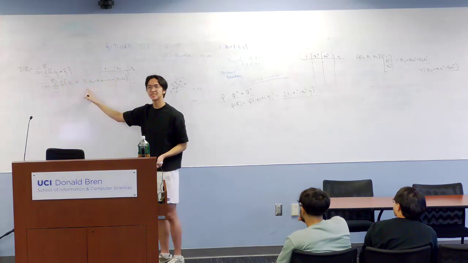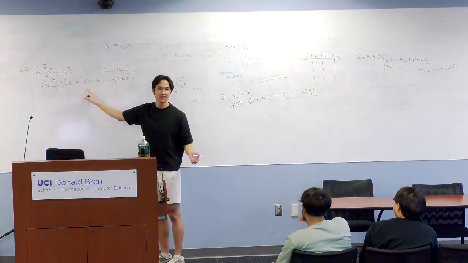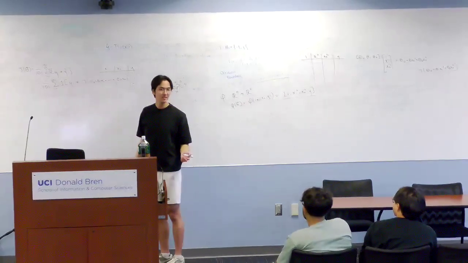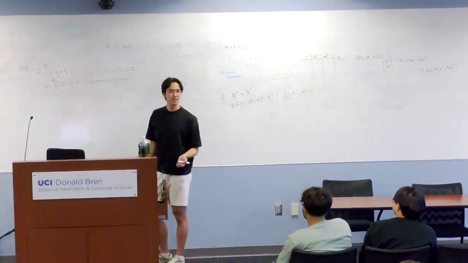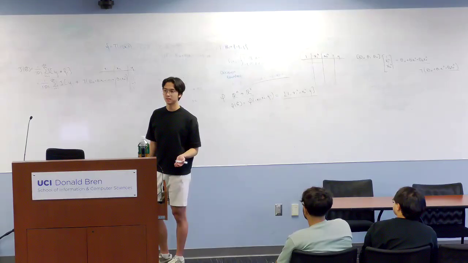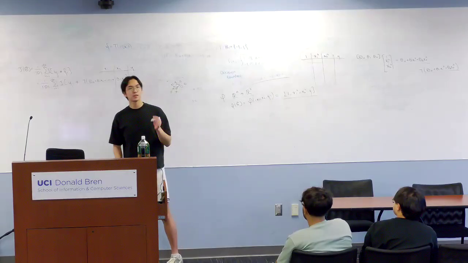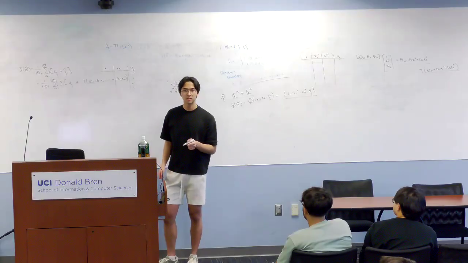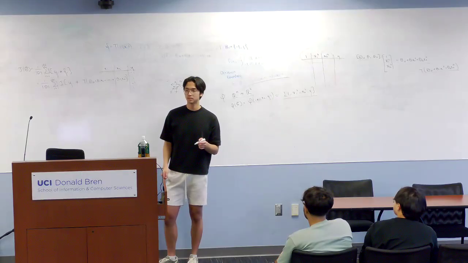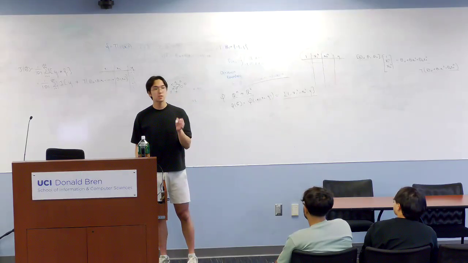Can you find the gradient of this? Is it possible? Why not? Not differentiable. Yes, there are issues with differentiability. It's not even a step function. It is piecewise constant. Think about it.